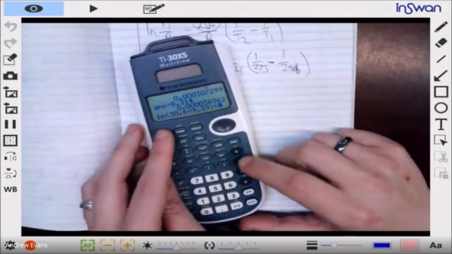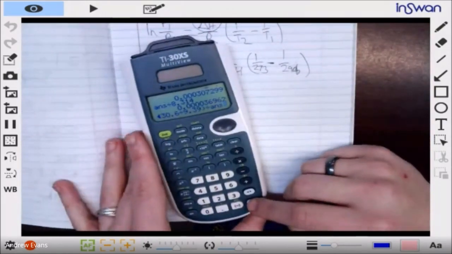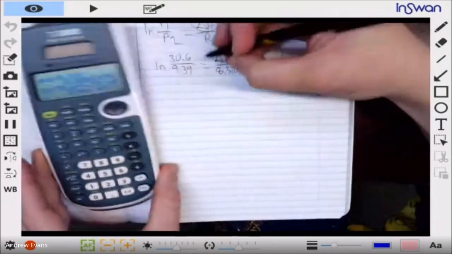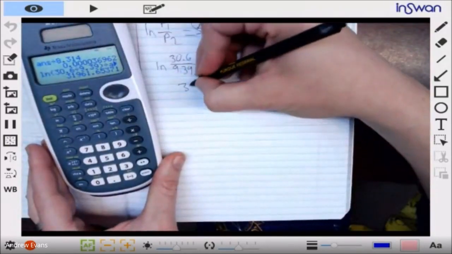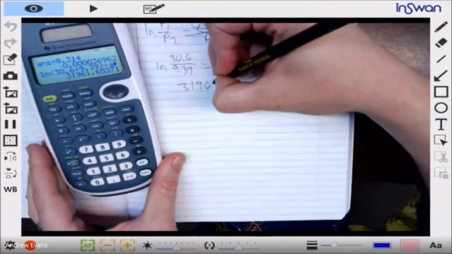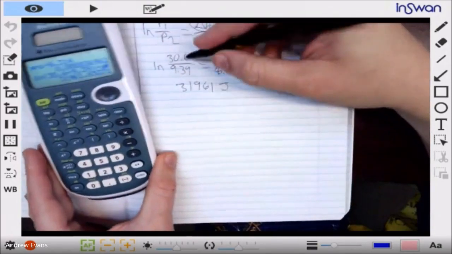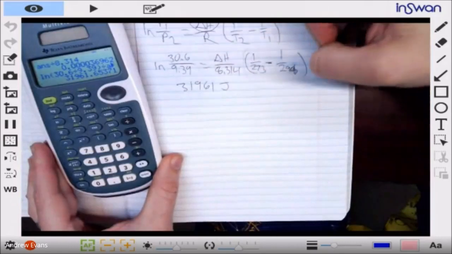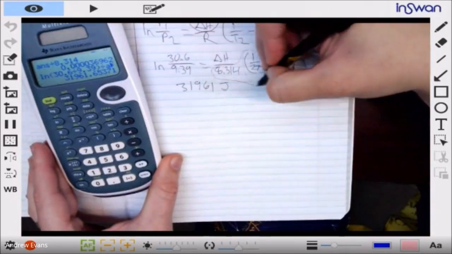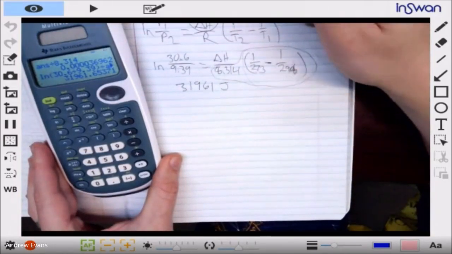But when I divide the answer from one side by the answer from the other side, my energy here is 31961 joules. So I took this divided by all of this. I solved for my delta H.